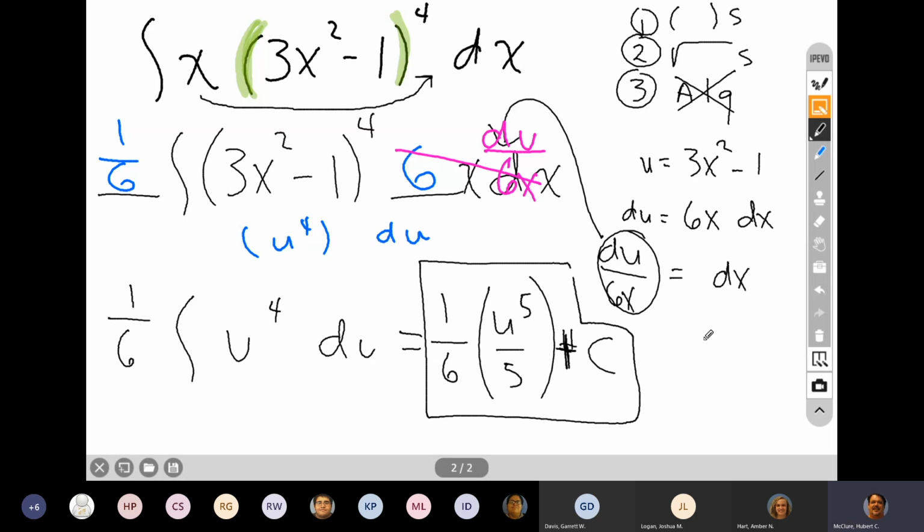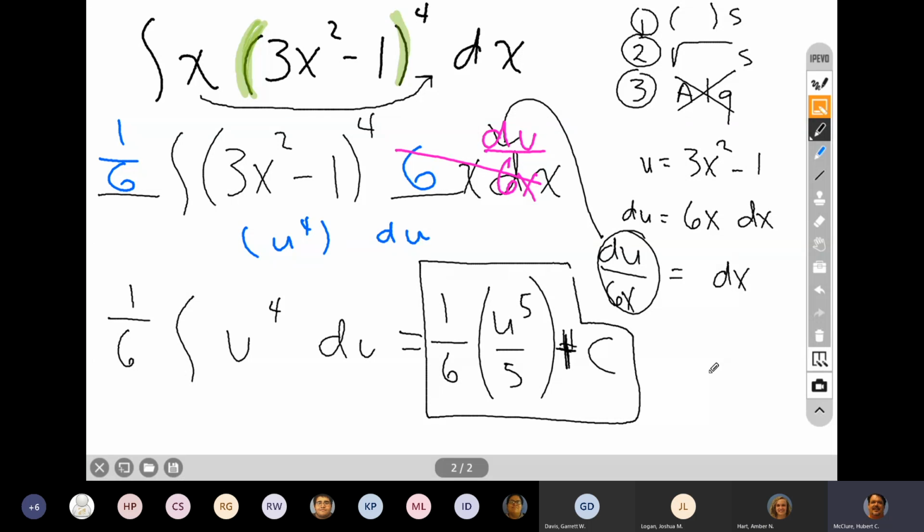So I'll tell you what the final answer is: 3x squared minus 1 to the 5th power over 30 plus c. If you wanted to check with the derivative, let me go over there and write it. You don't plug the u back in? Yeah, that's what I just said. That's the final answer.